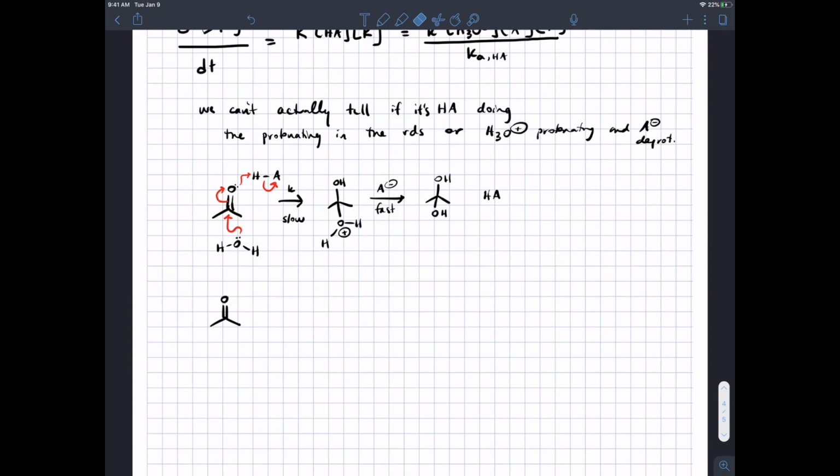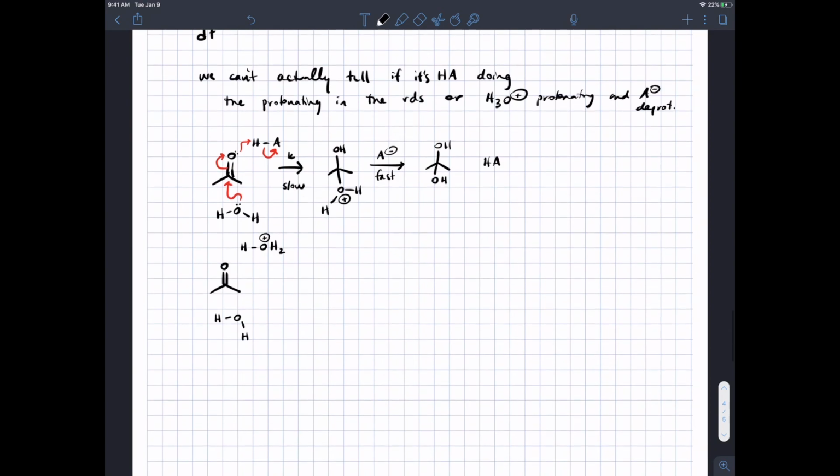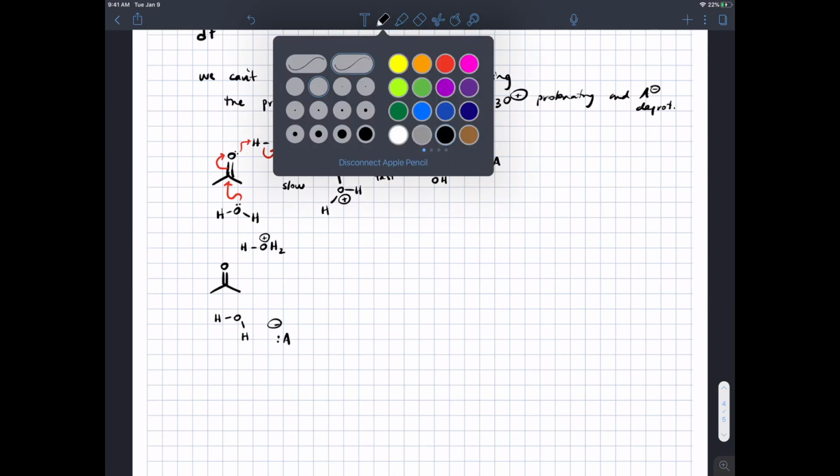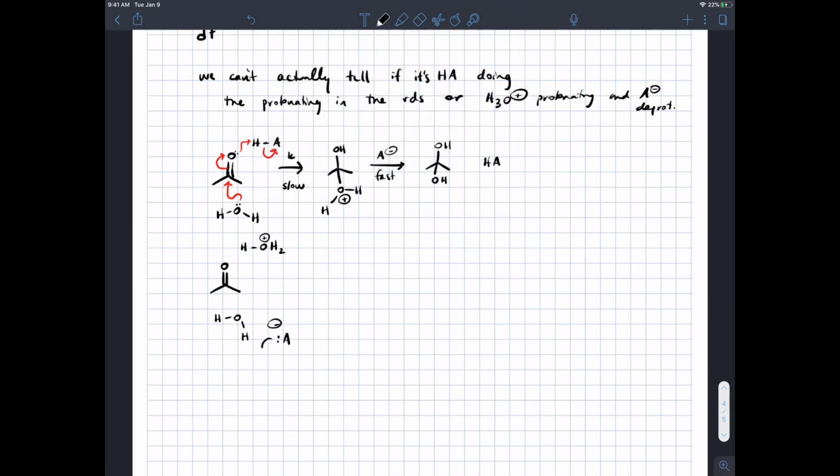So what I'm about to show you is a kinetically equivalent option where you really can't tell the difference, at least in terms of a kinetic mechanism or in terms of rate laws. They would have the same rate law. So here our conjugate base of our acid is involved in the slow rate determining step.